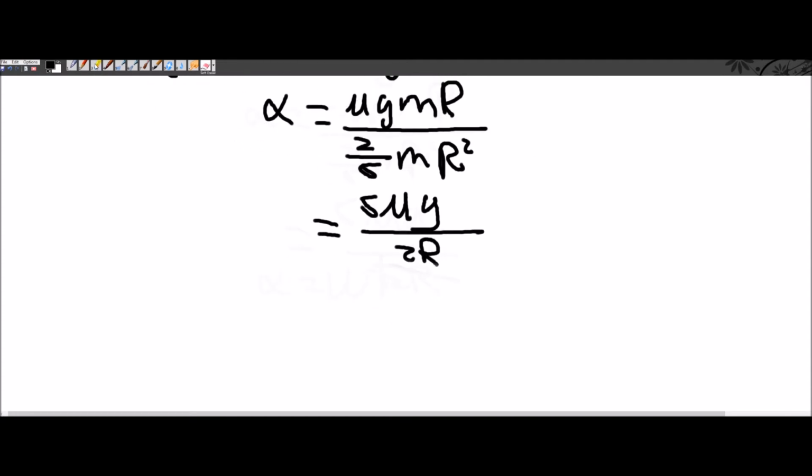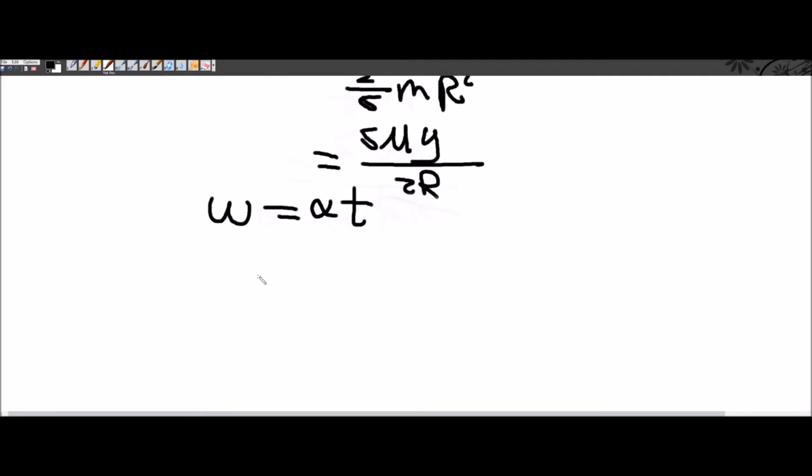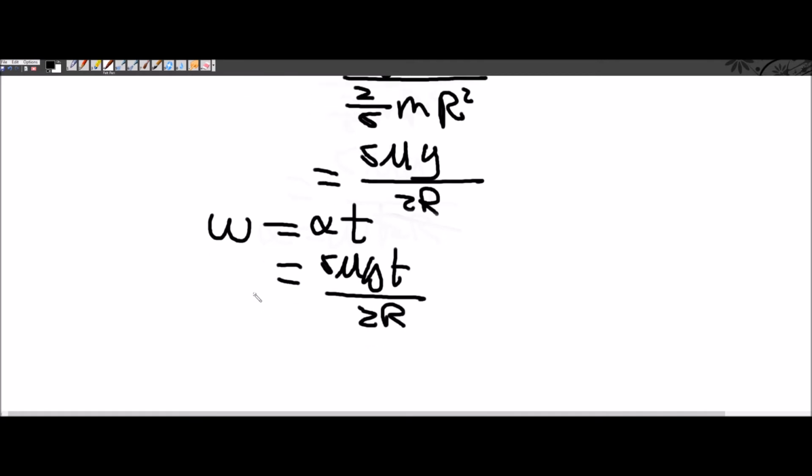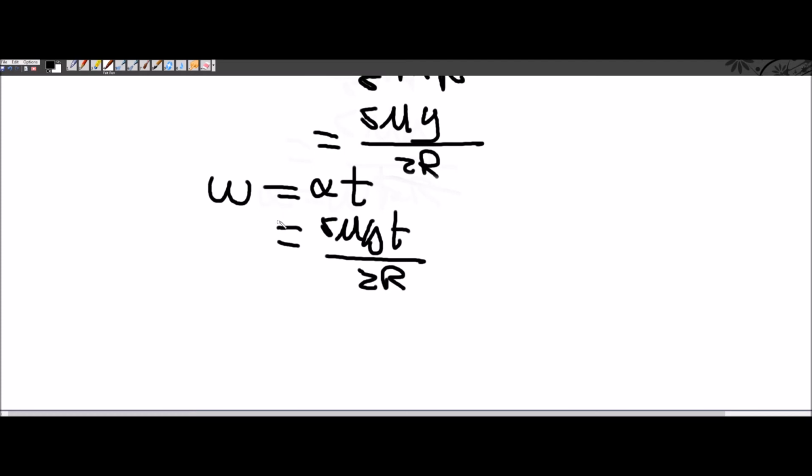Since we know acceleration is constant, we can use the equation angular velocity is equal to angular acceleration times t. So this gives you angular velocity is equal to 5 mu g t over 2r. Now we can relate it back. If we know this equation, we can solve for mu g t in terms of omega.